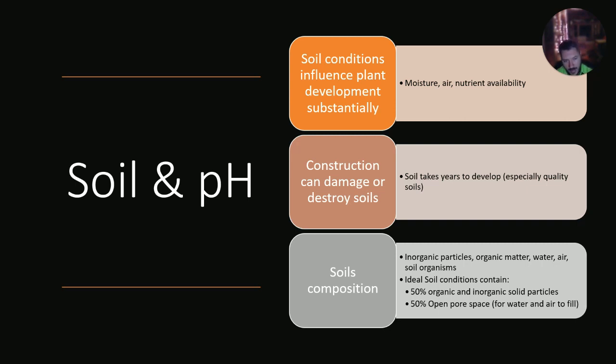And what is soil composed of? Soil is composed of inorganic particles, organic matter, water, air, and soil organisms. The ideal soil conditions contain 50% organic and inorganic solid particles. Think clay, silt, sand. And then it has 50% open pore space.